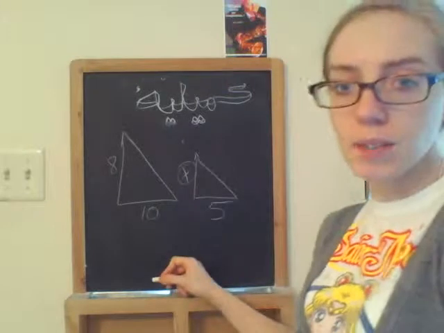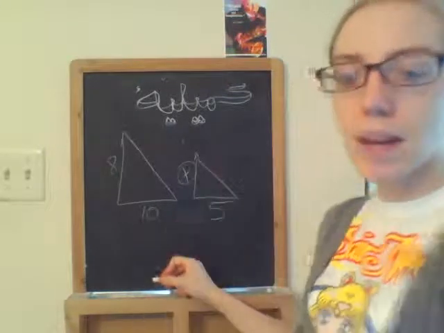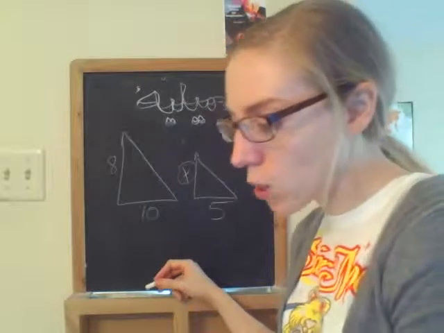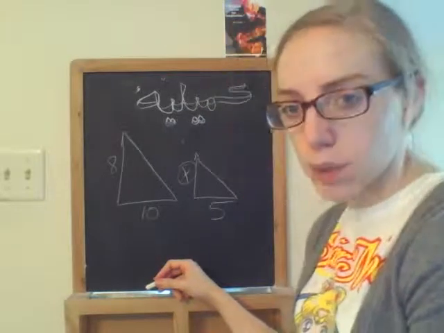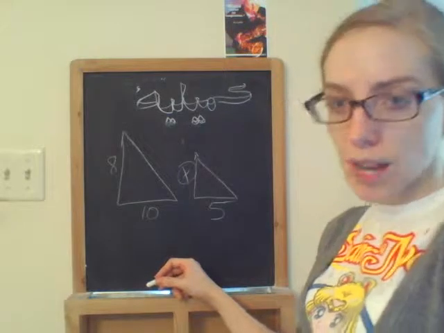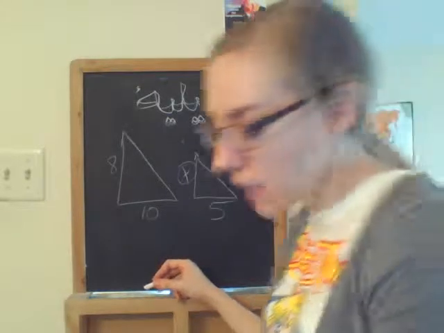We can find what it is without measuring it by looking at two triangles. Sometimes we can't get out there and measure. Sometimes we just have to rely on some of the measurements that were given.